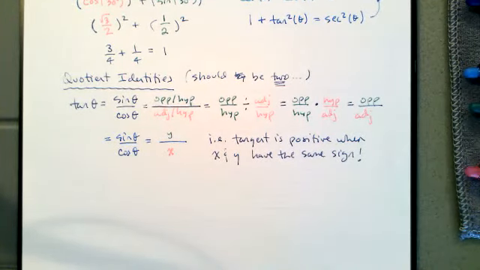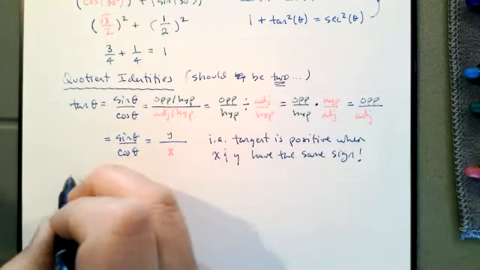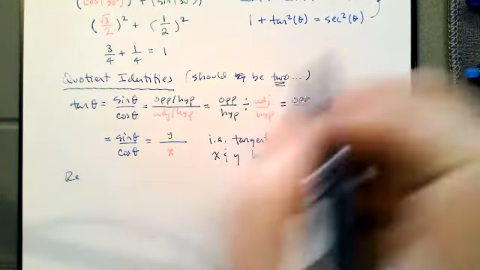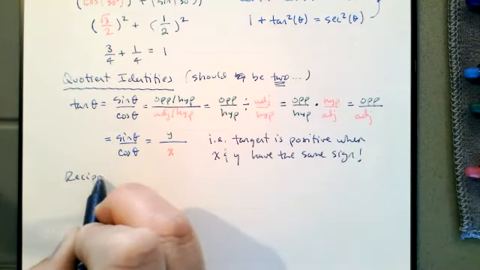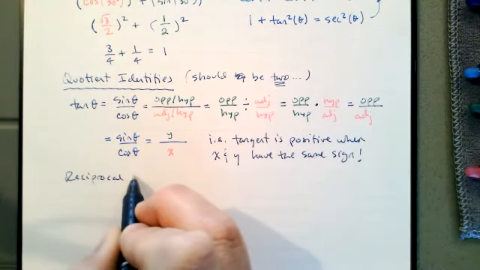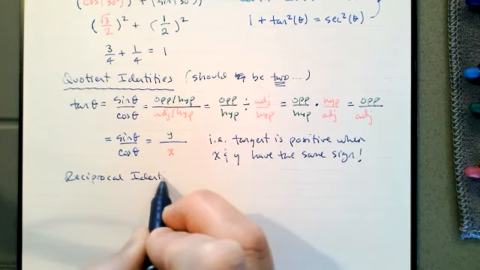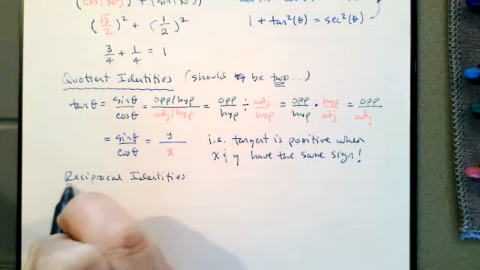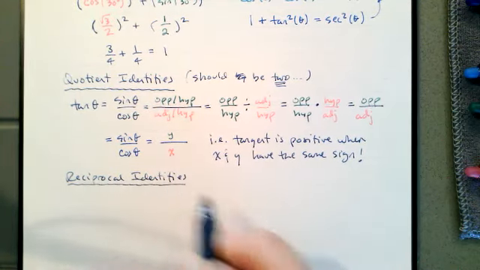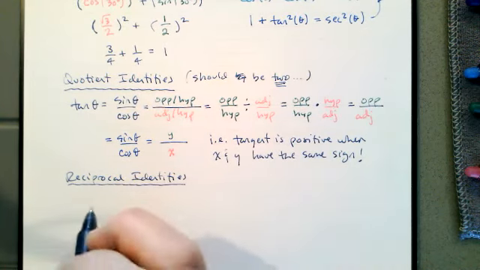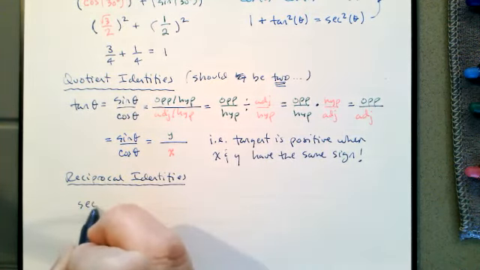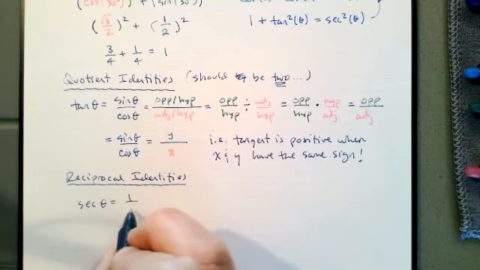So the other identities that we have are called reciprocal identities. And I've used one of these already. The one that I specifically used is that secant of theta is 1 over cosine theta.